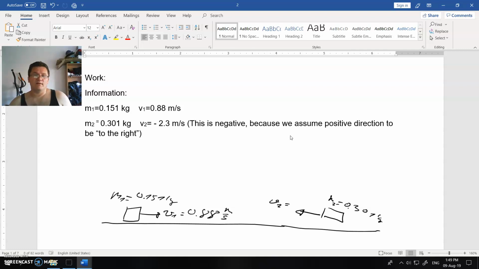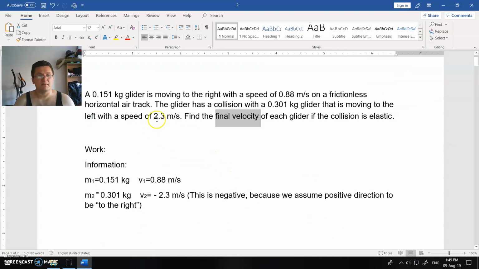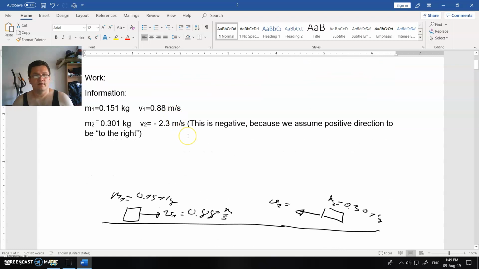And now, why did I put minus 2.3 meters per second? There is no minus mentioned here. V2 is minus 2.3 meters per second. Why is that? We will have motion in one dimension all the time, so we will say this is the x-axis.